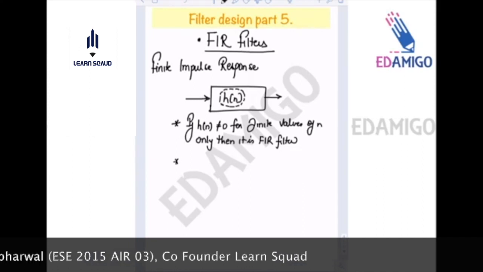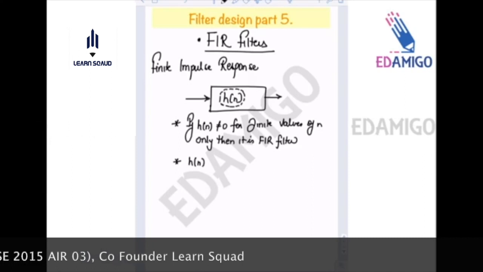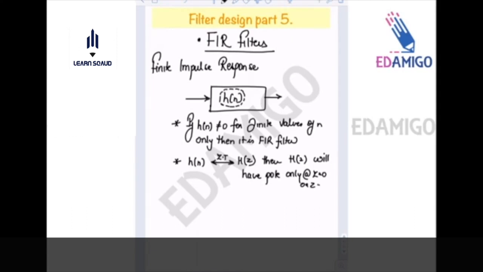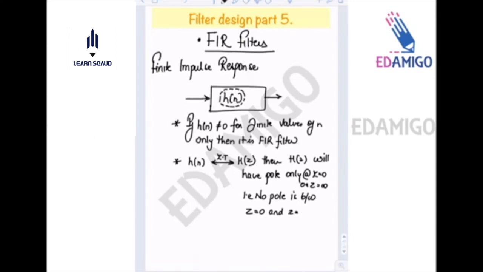Now as we have seen in the first part itself, I have taught you that whenever you find the Z transform of this FIR filter, then H(z) will have poles only at z equals 0 or z equals infinity. That is, no pole is between z equals 0 and z equals infinity.